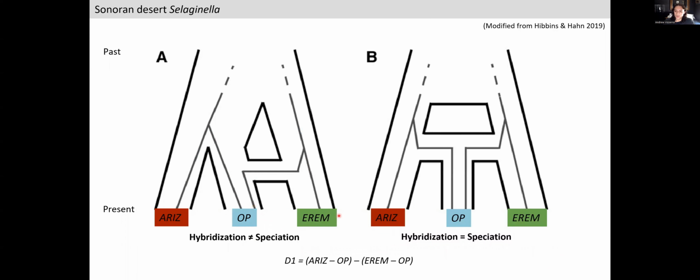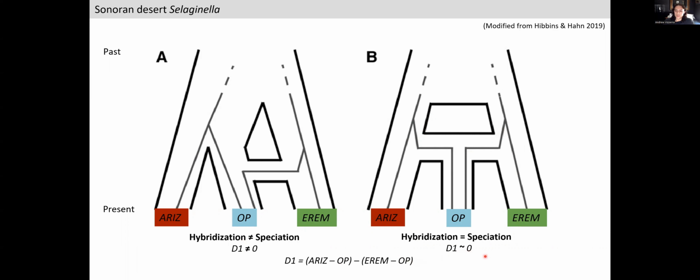Under the null model, however, it's expected that speciation and hybridization are happening at the same time. So those times of coalescence are going to be relatively similar. What we do here is a simple comparison: we just subtract the two from one another. In the alternative model, that D statistic is not going to equal 0, given the two different coalescence times.